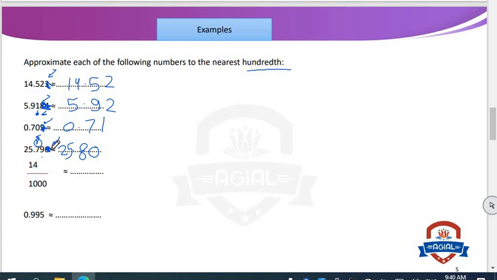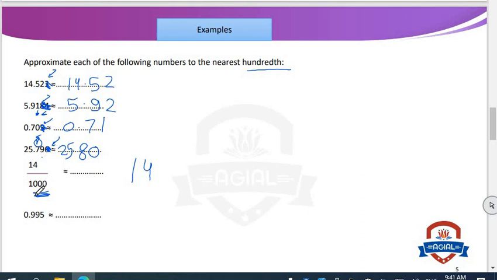Okay, number 5. 14 over 1000. How we can approximate it to the nearest hundredths? Okay, at first we must convert it from proper fraction to become decimal number. You remember how to convert it from fraction to become decimal number? Yes, we write the same number, 14, and in here over 1000.